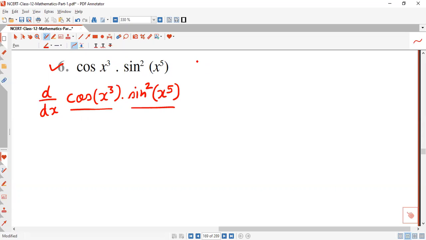So we use the product rule, and the product rule says dy/dx of uv equals u'v plus uv'. Now we use this product rule to solve these terms, because these two terms are a product. This is u and this is v.